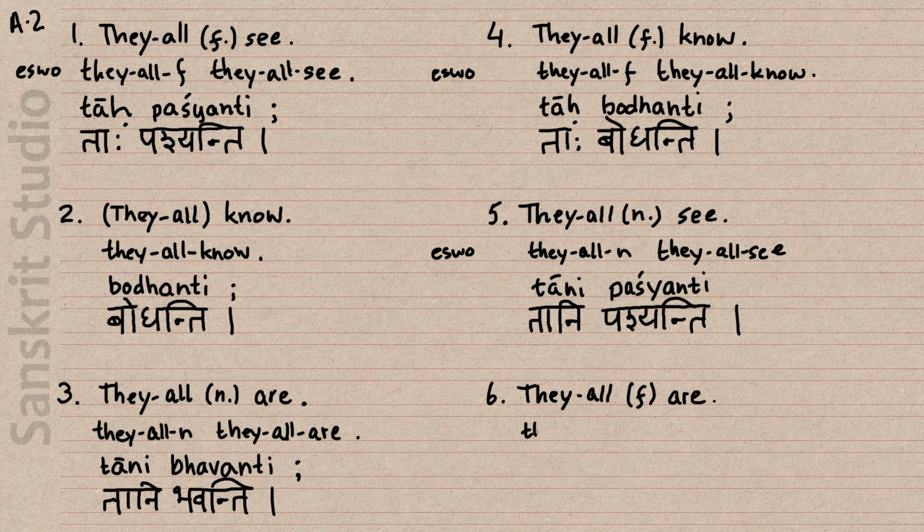Okay, number 6, they all F R. So, our eswo, they all F. They all F, they all are.